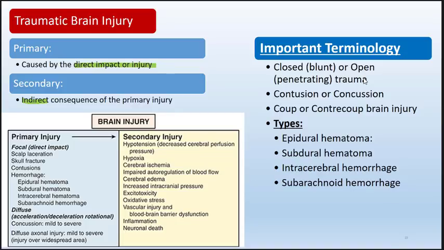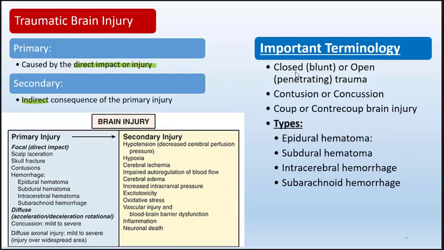So some important terms to go over with you now include closed versus open trauma. Closed traumas are more common and they involve either the head striking a hard surface or some rapidly moving object striking the head. And what this will do is injure the brain, but the skull and even the dura mater will remain intact.